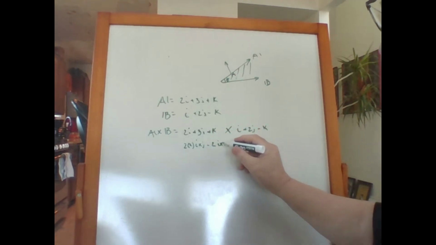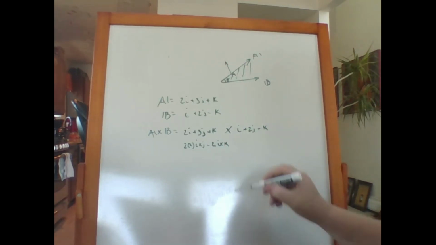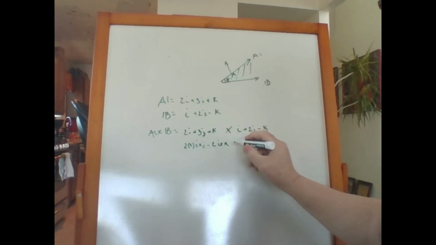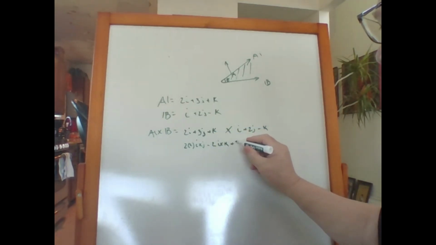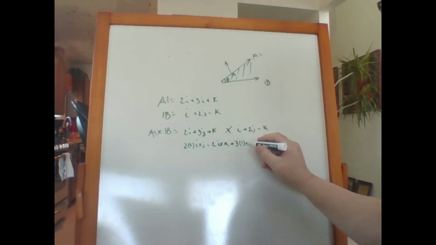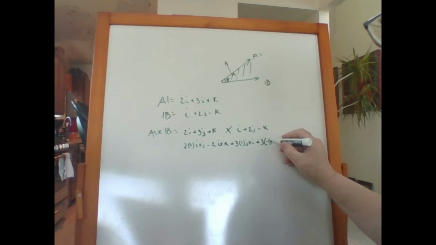Okay, now this is a j. Sorry about that. Okay, 3 plus 3 times 1, j cross i, and minus 3, or plus 3 times minus 1, j cross k.